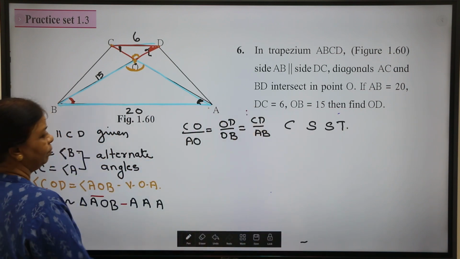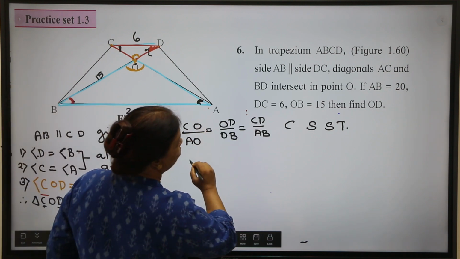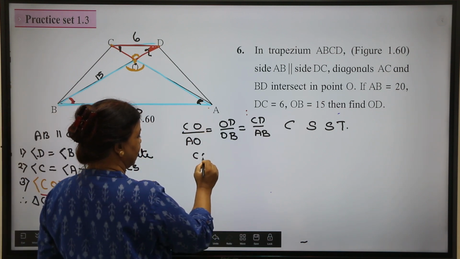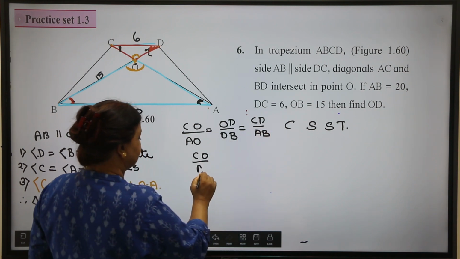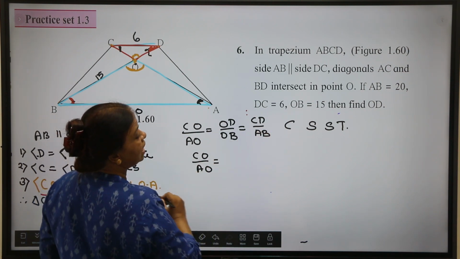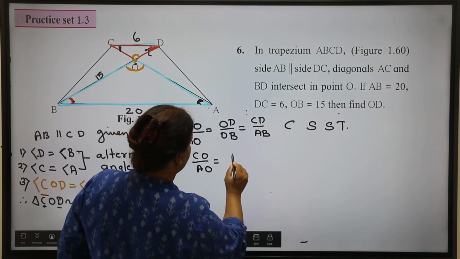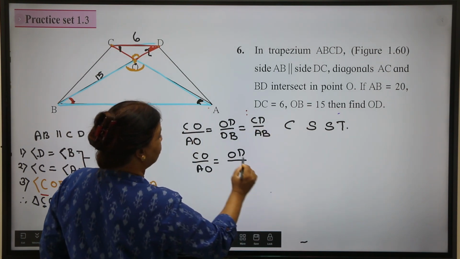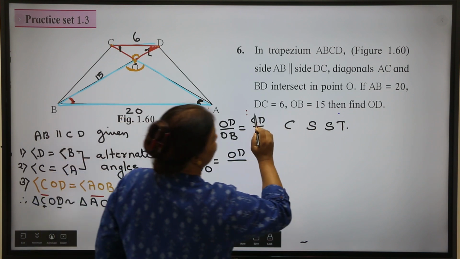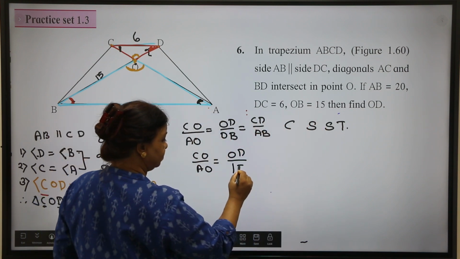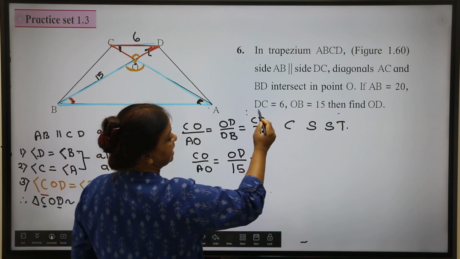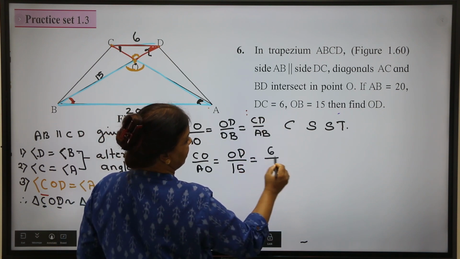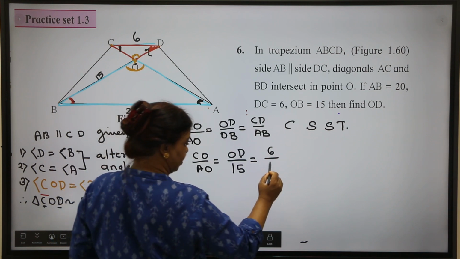Now place the values. CO not given, write as it is. AO not given, write as it is. Now OD, you have to find out, upon OB, OB is 15, which is equal to CD is 6, AB is 20.